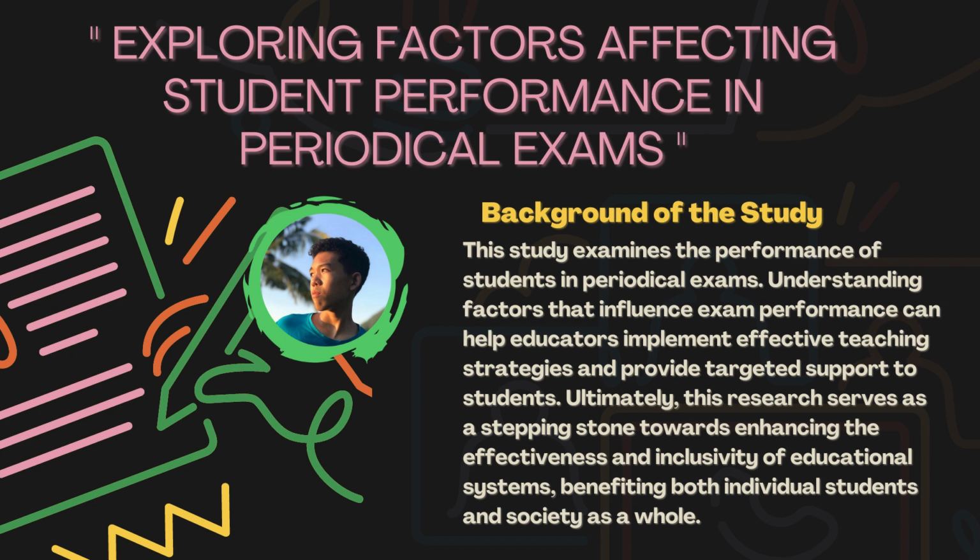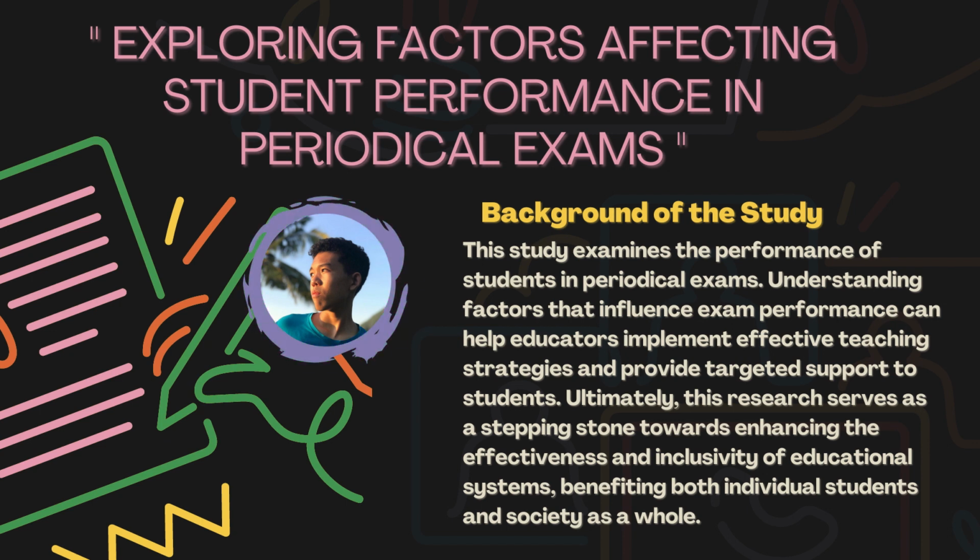Understanding factors that influence exam performance can help educators implement effective teaching strategies and provide targeted support to students. Ultimately, this research serves as a stepping stone towards enhancing the effectiveness and inclusivity of educational systems, benefiting both individual students and society as a whole. So that is the example of a rationale or background of the study.